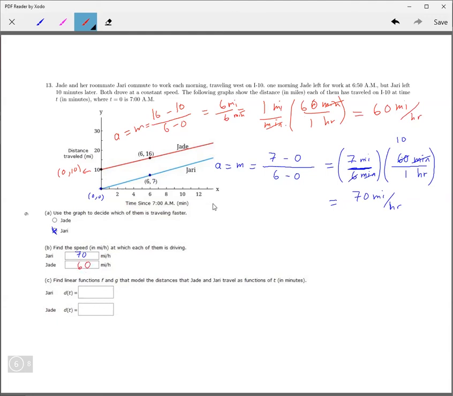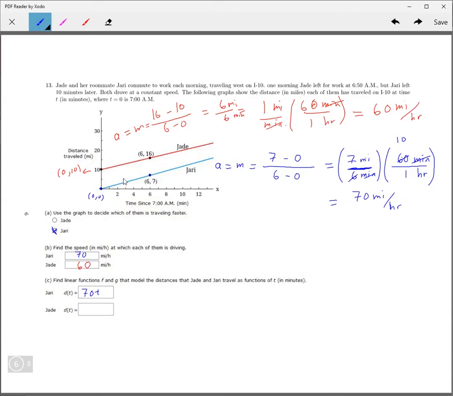Now we're going to write each of these as a linear function. So the constant rate of change for Jari is 70. So 70t. She started at 0, so that's just plus 0, or just 70t. Wait, hold on a second. It's supposed to be in minutes, okay?